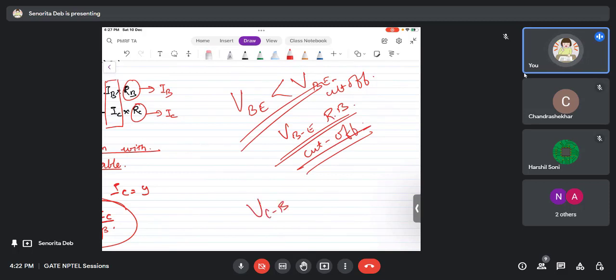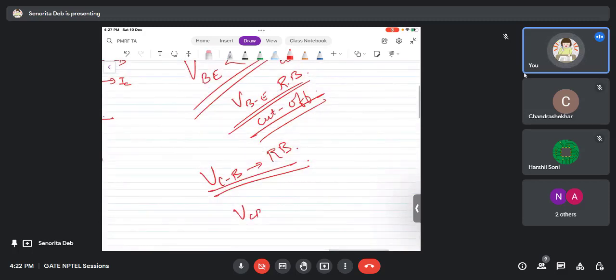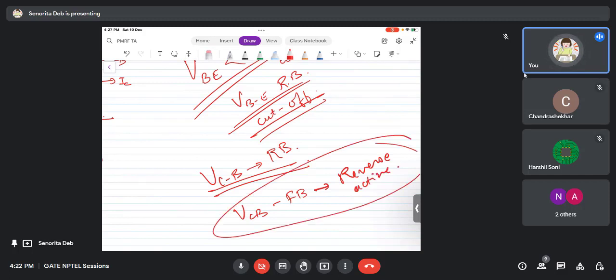If VCB is also reverse bias, then it is said to be in cutoff. If VCB is forward bias, then it is in reverse active. So if VBE comes to be reverse bias, you again find VCB. If VCB is reverse bias, it is in cutoff. If VCB is forward bias, it is in reverse active.